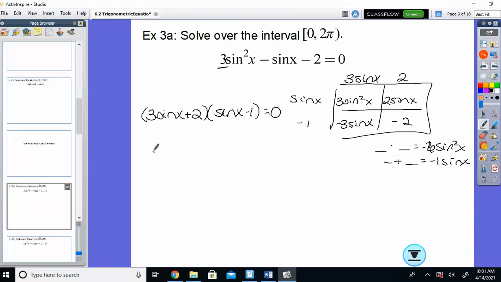Now we have two things equal to 0, so we set each one to 0. So first subtract our 2, divide by 3.